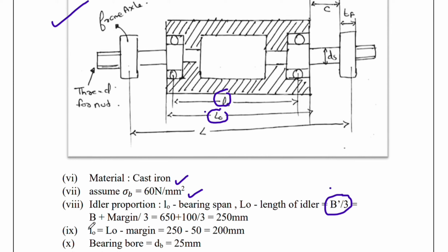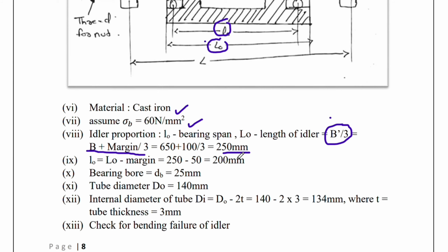So B dash is B plus margin divided by 3. B is 650, which we got in step number 1 itself, and we assume the margin as 100 mm. Put margin 100 and divide by 3, and you get the answer 250 mm. The length of the idler we got is 250 mm.